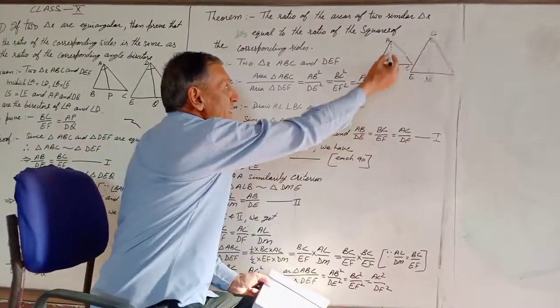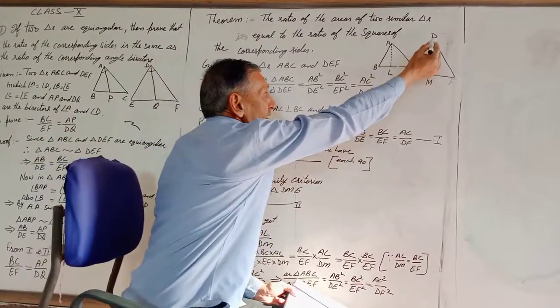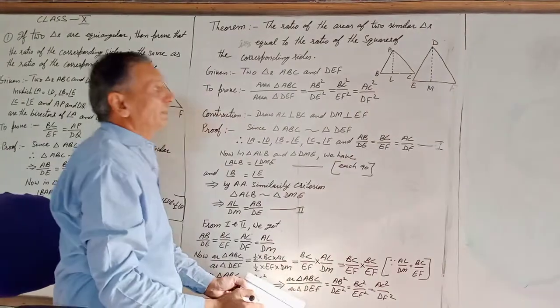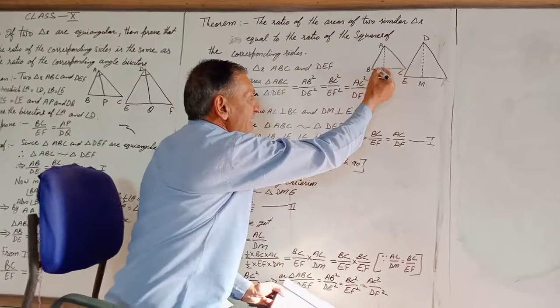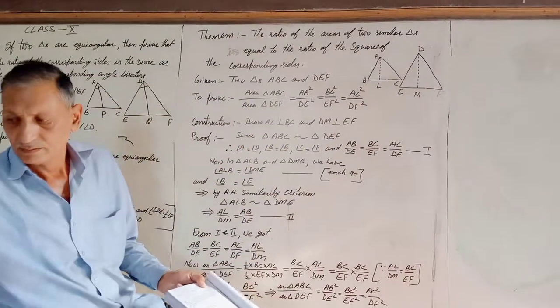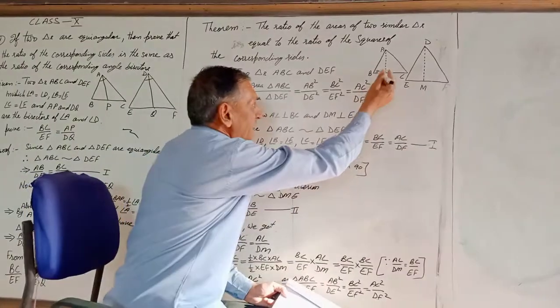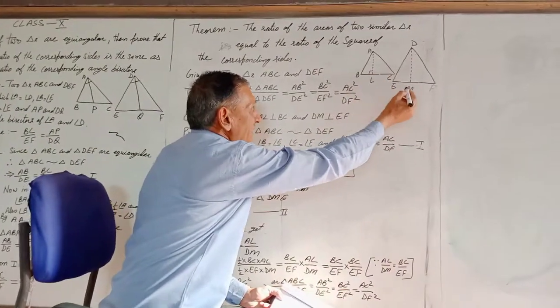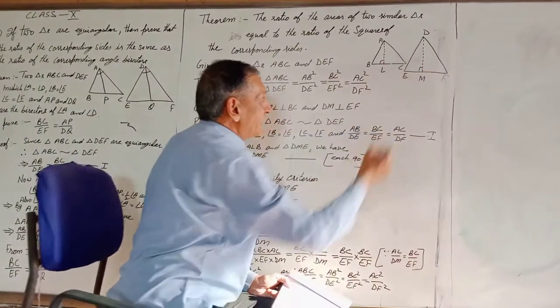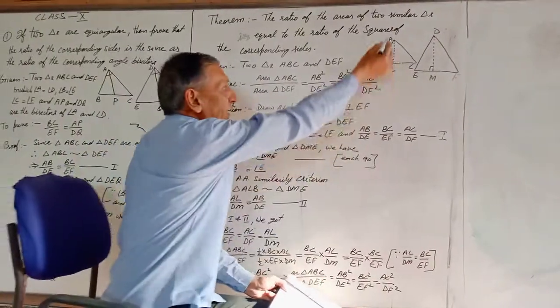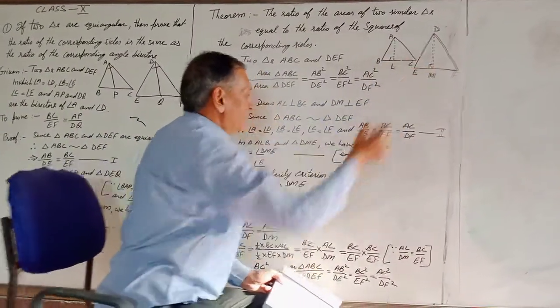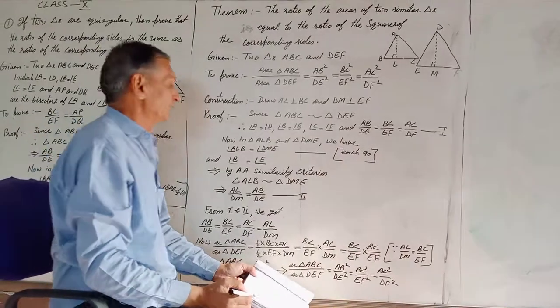Now in triangle ALB and triangle DME, we have this angle equal to this angle, each 90. That is angle ALB equal to angle DME, each 90.